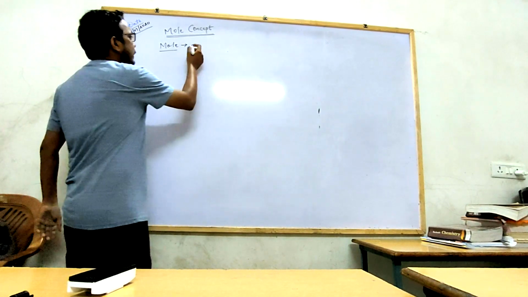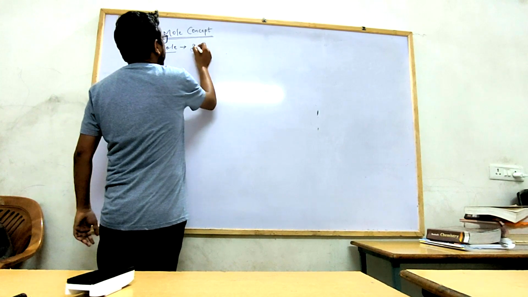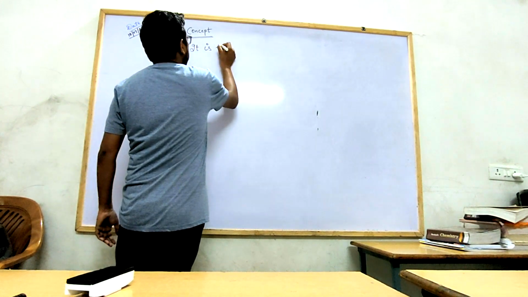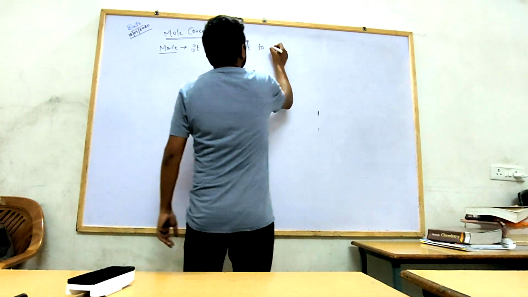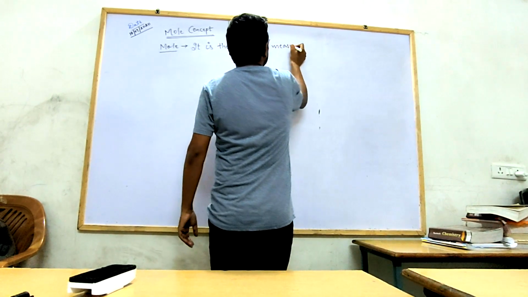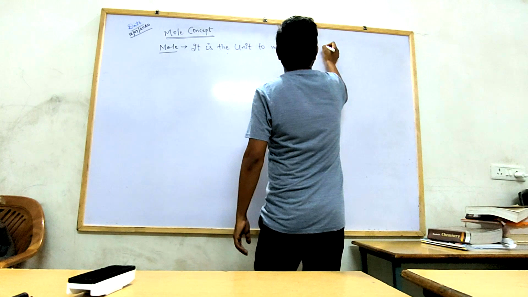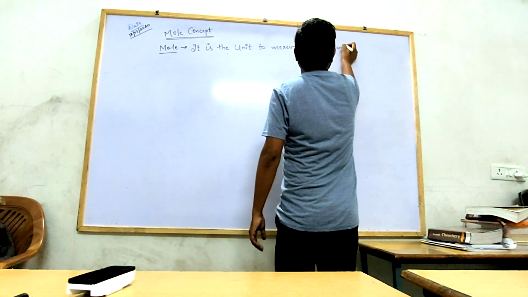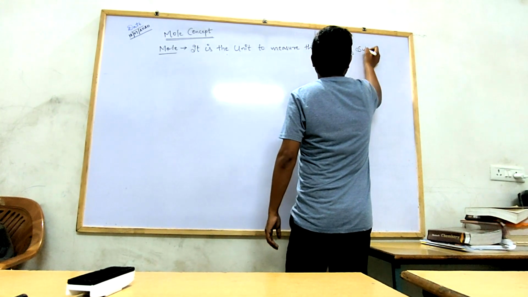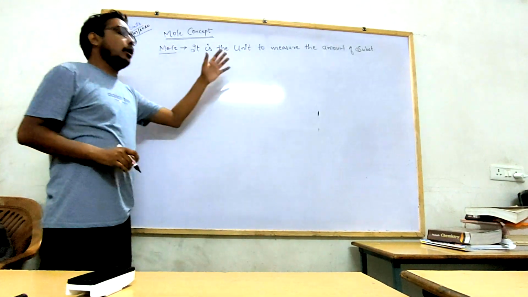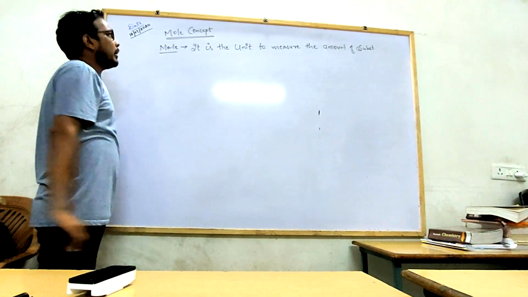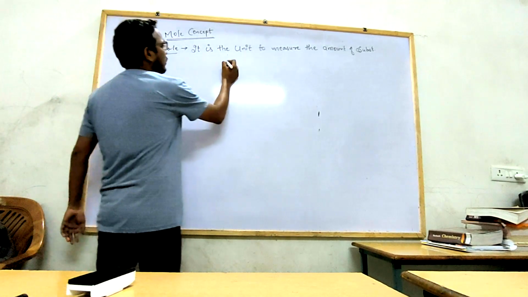So, mole can be defined as the unit to measure the amount of substance. It is a unit to measure the amount of substance. So one by one we will discuss mole concept in detail.